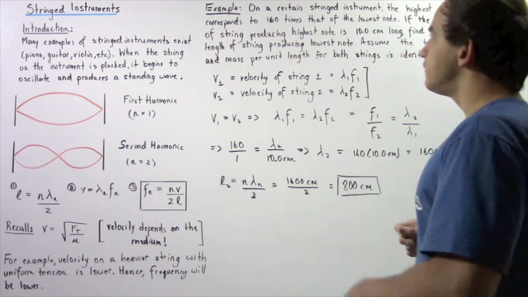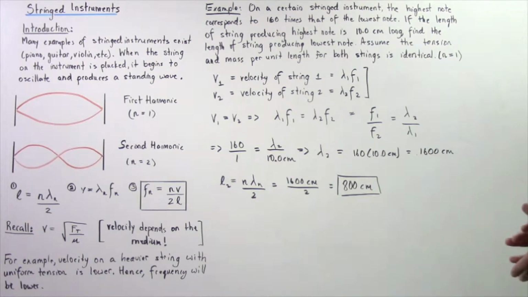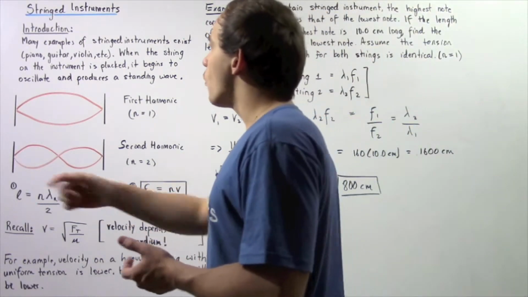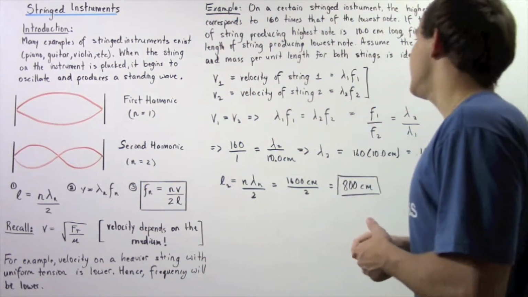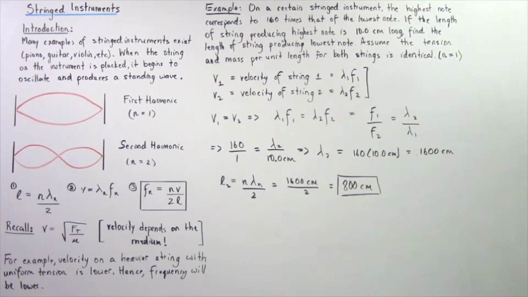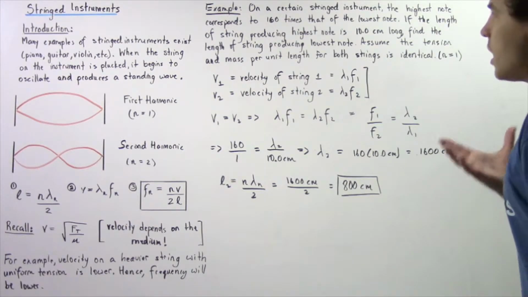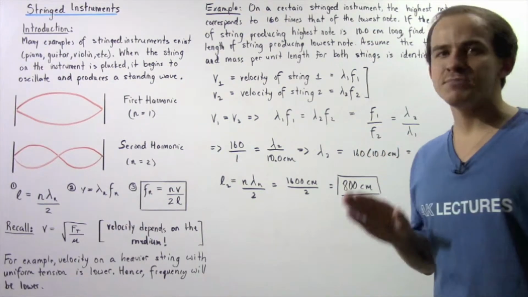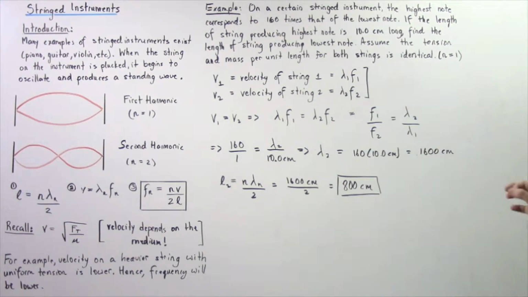So let's look at the following example in which we're going to use these formulas to calculate a certain quantity. On a certain stringed instrument, the highest note corresponds to a frequency 160 times that of the lowest note.